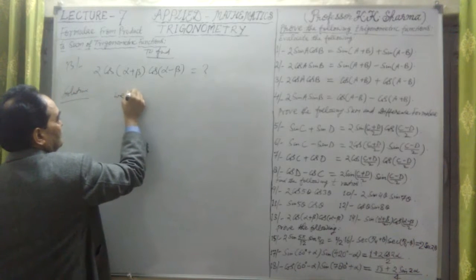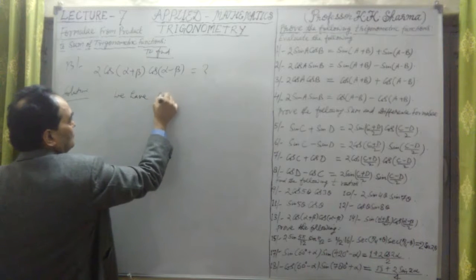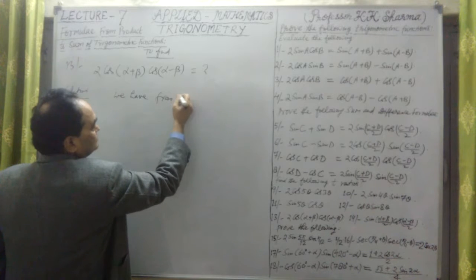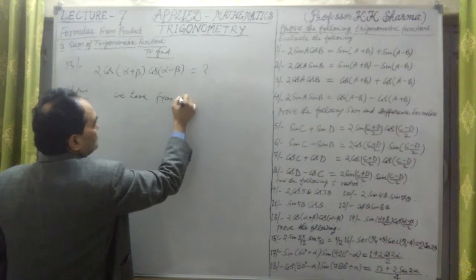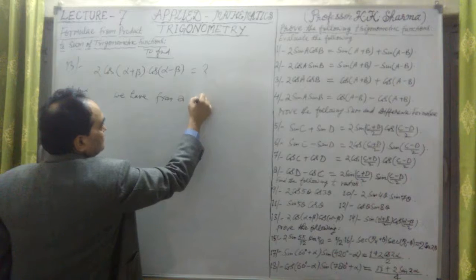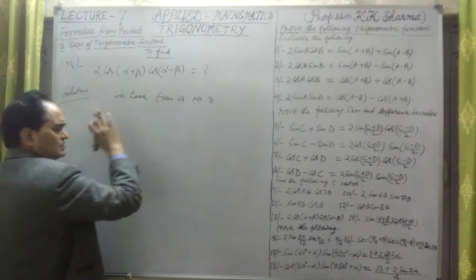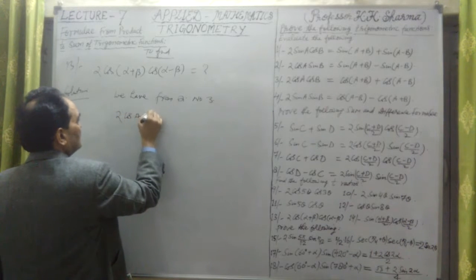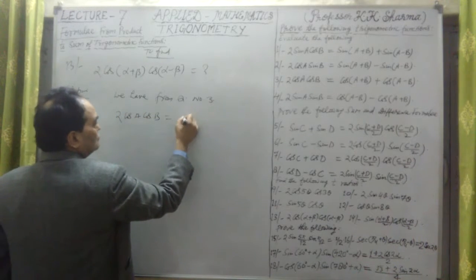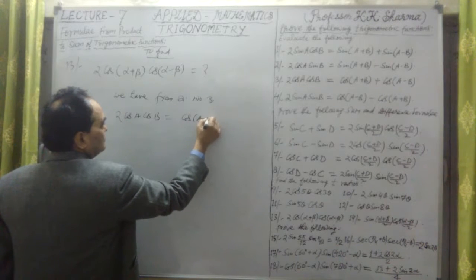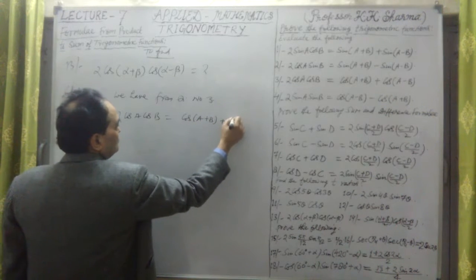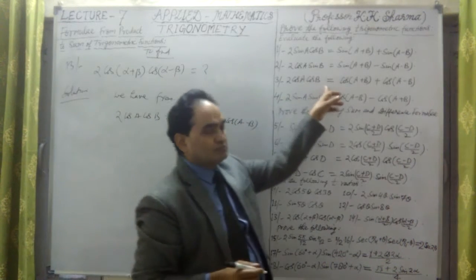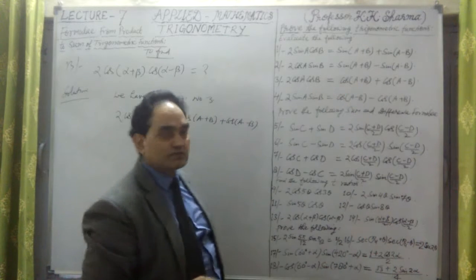We know from question number 3, we can just say like this or directly put the formula: 2 cos A cos B is equal to cos(A+B) plus cos(A−B).